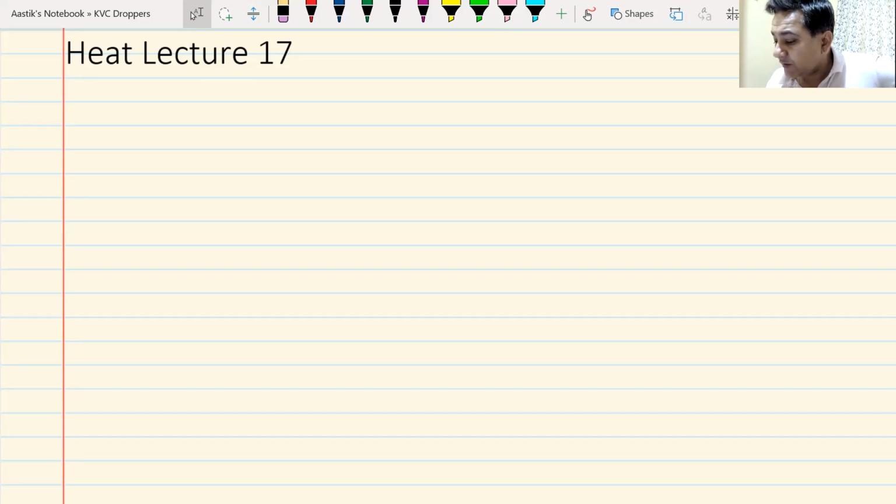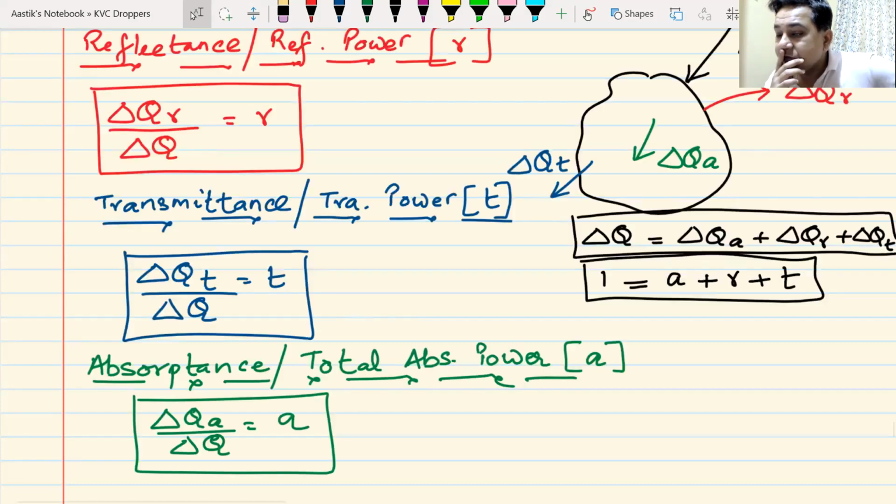So these were the terms that we discussed in the last class. Just have a quick recap, because if we forget this, then when we go ahead, we are going to get more confused. The first one was reflectance or reflecting power ratio: total energy reflected divided by total energy which has fallen. Transmittance or transmitting power, small t: energy transmitted divided by energy falling.